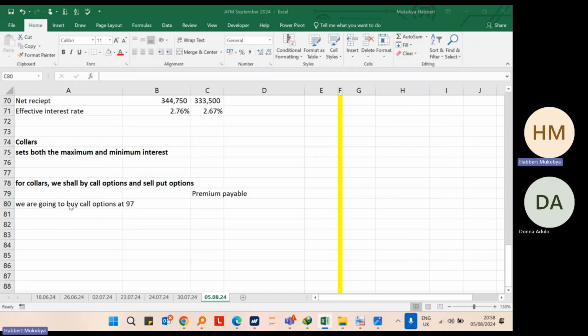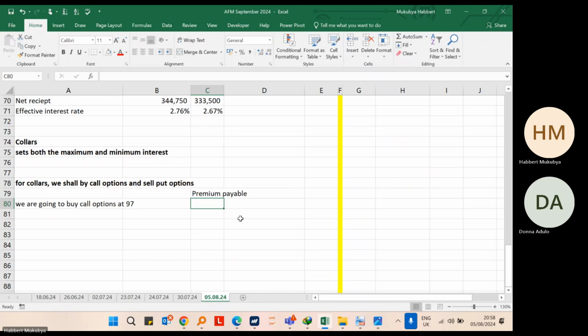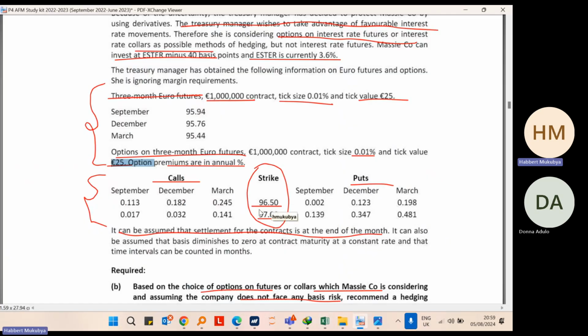So call options of 97, we are paying 0.032. Then now we are going to sell put options at 96.5.